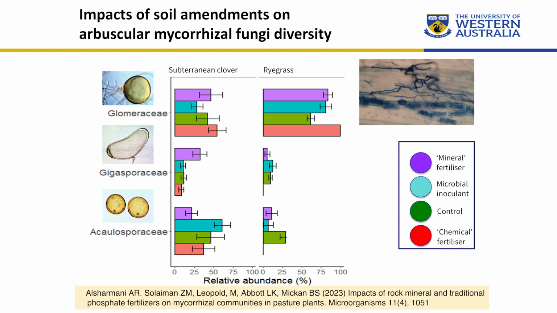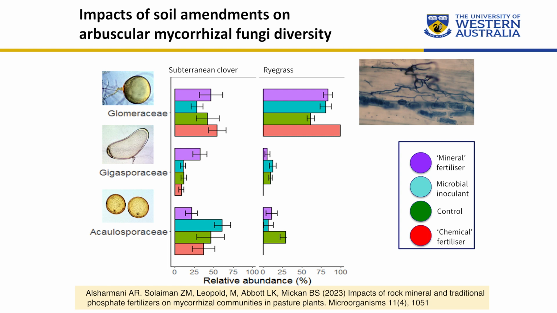We're following this one. So this one is a chemical fertiliser, and it was added to subterranean clover and ryegrass to the soil, right? So we looked at these fungi in the roots of the clover and the ryegrass. So we're just looking at this one. So this fungus went into both of them.